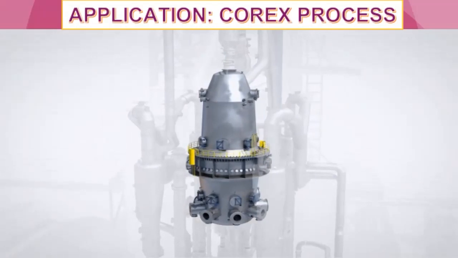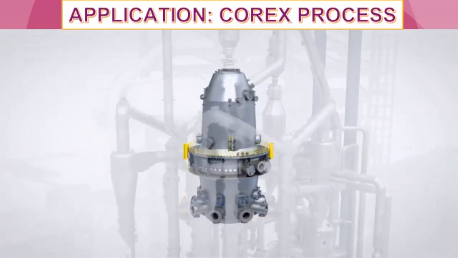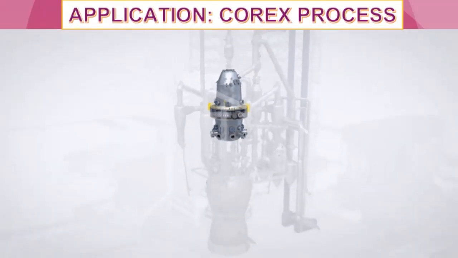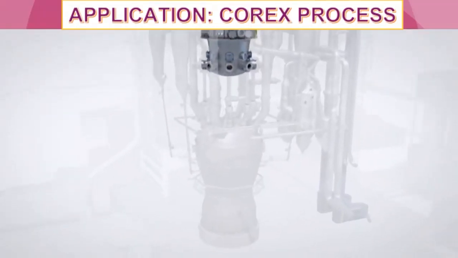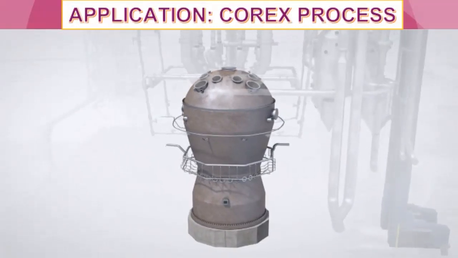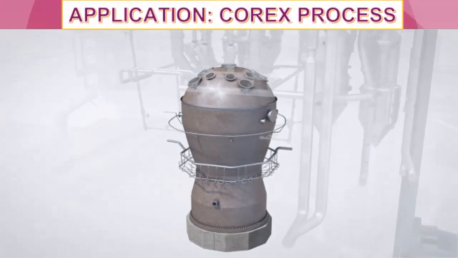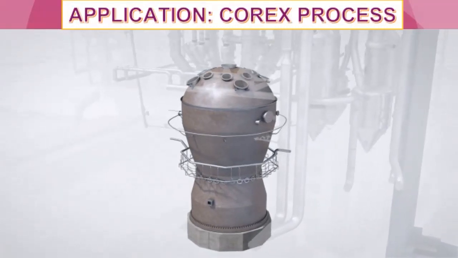In the reduction shaft, iron oxides are first reduced to direct reduced iron. Melting of the DRI is then carried out in the melter gasifier. Coal charged to the melter gasifier is gasified, providing the energy for melting as well as the reduction gas.